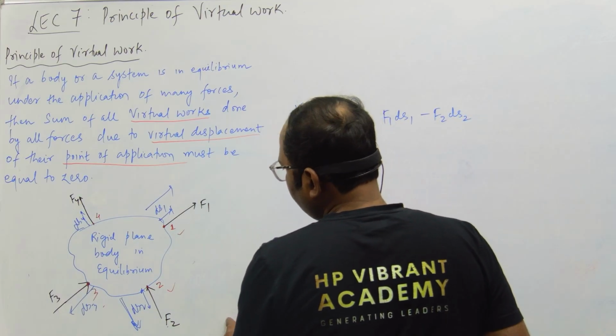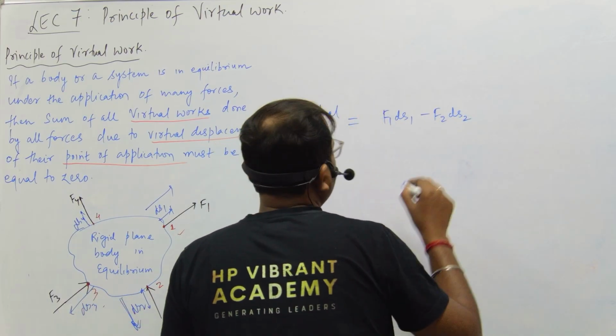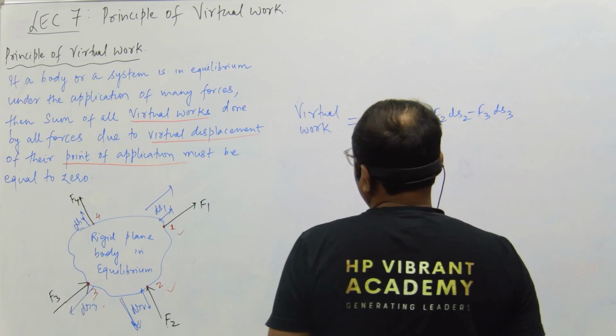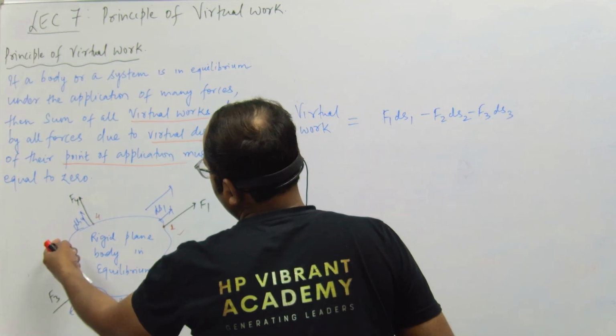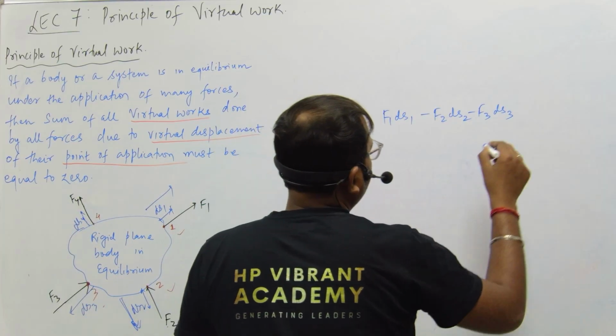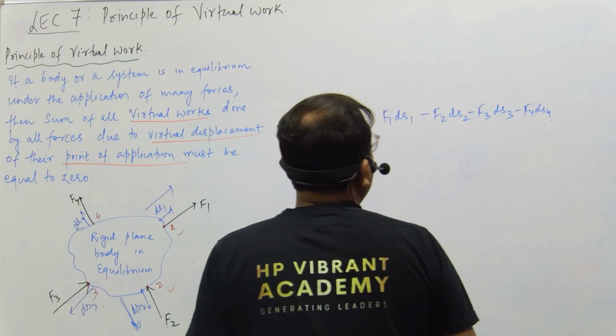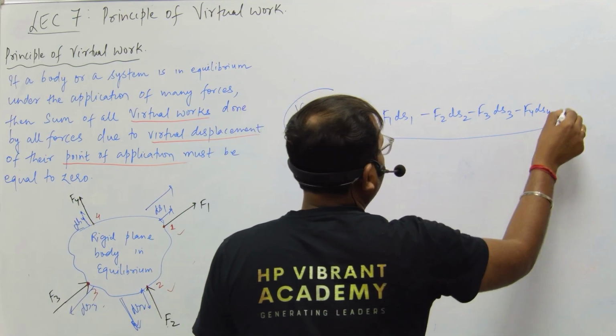At point 3 it is in the opposite direction, so this is negative: minus F3 ds3. And at point 4, the displacement is in the direction of force, so this is positive: F4 ds4. This is the virtual work done.